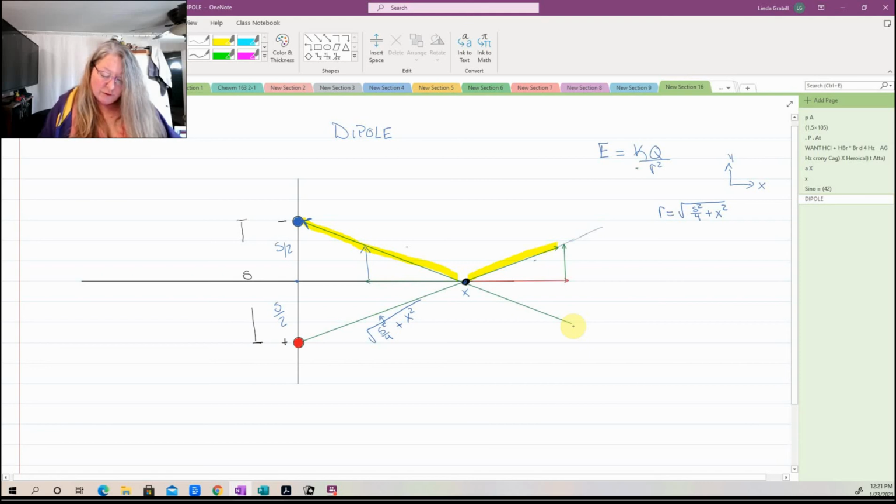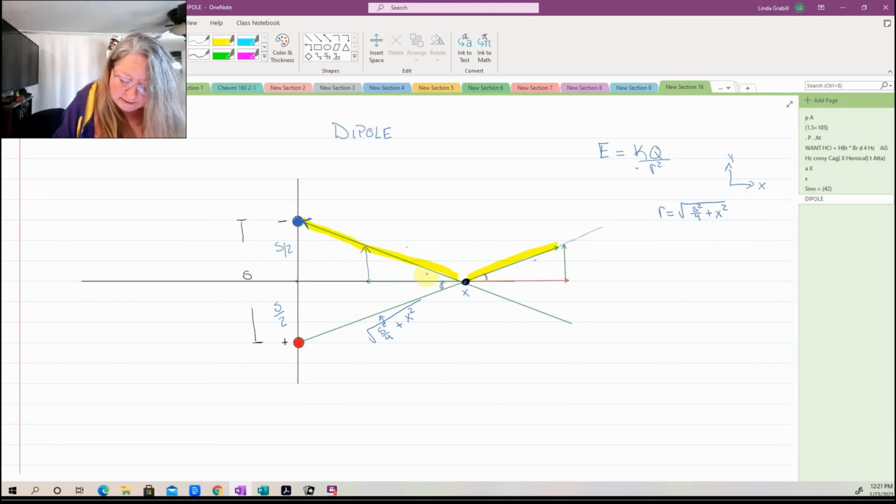What is true is the proportions of the triangle from the geometry, so the position, is going to create a same angle. So I'm going to have the same angle here as I do here. Do a different color. I'm going to have the same angle here as I do here.